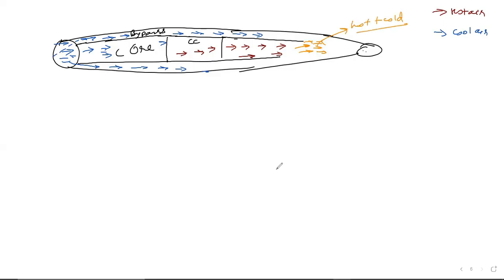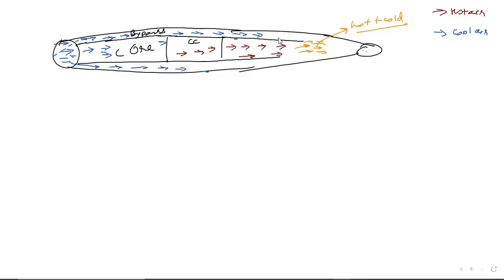What is happening? This cool air is making it a little more energy efficient. Whenever temperature increases to a very high level, performance degrades. So this cool air reduces that performance issue. That is basically called the intercooler and also the heat exchanger.